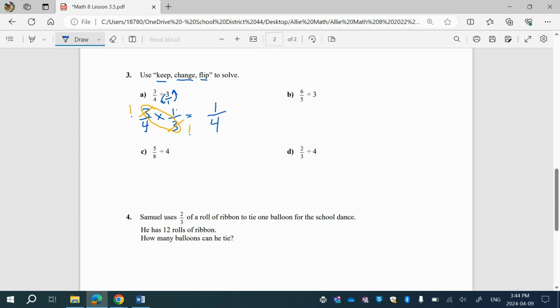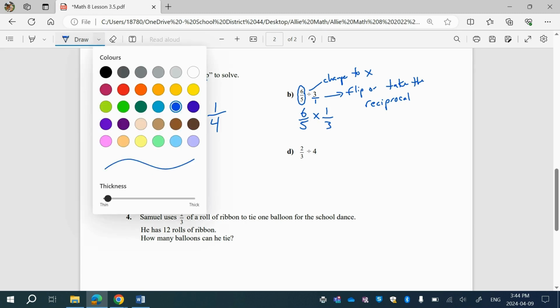Okay, there you go. Now let's do it again. Keep, change, flip. We're going to keep the 6/5. We're going to change the division to multiplication. And we're going to flip, or take the reciprocal of our last one. So 3/1 becomes 1/3.